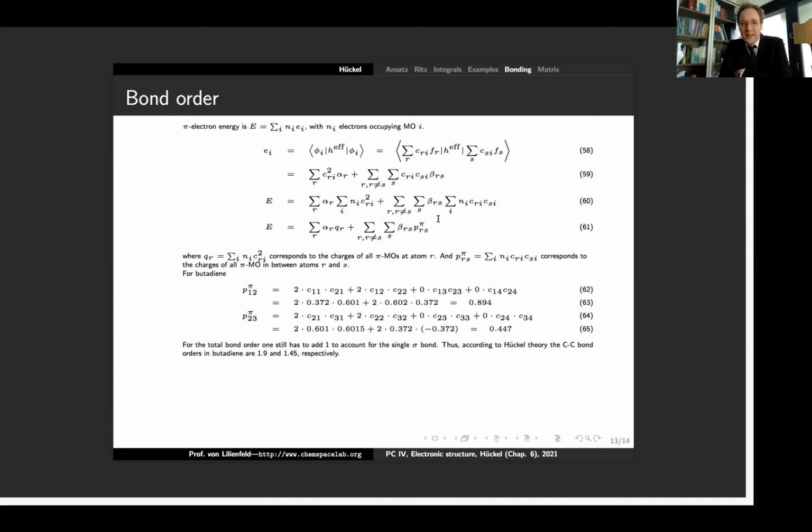Now note that this bond order is just a distribution of electrons. It's not an observable, it's not an operator. We are simply using our coefficients to estimate where the electrons are. We also estimate where the electrons are on the atom, that's the charge. How much charge do you have on each atom?